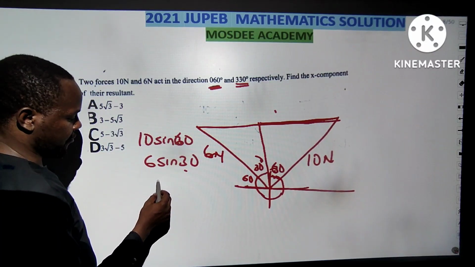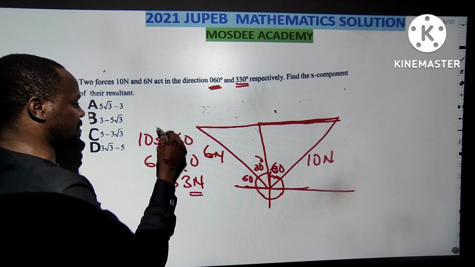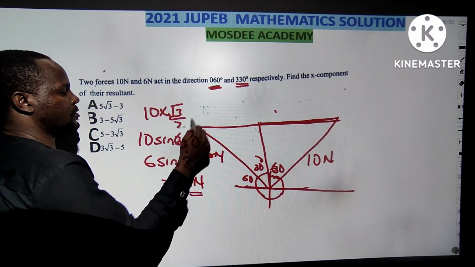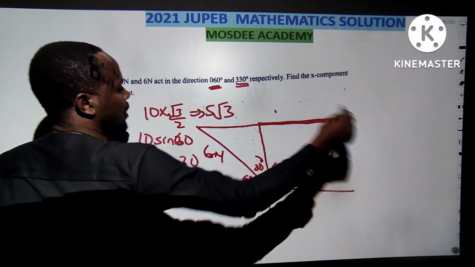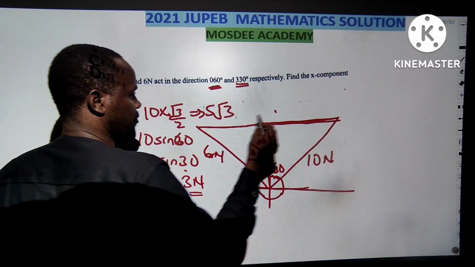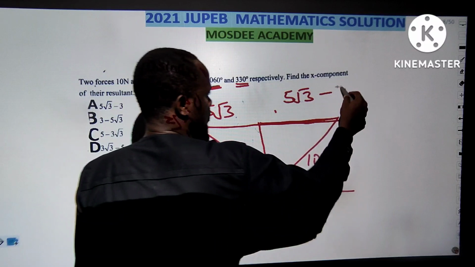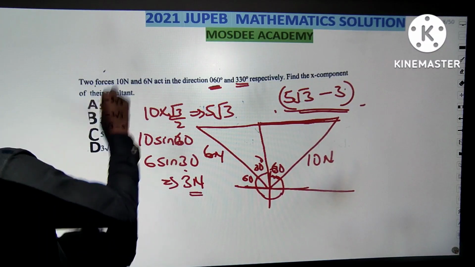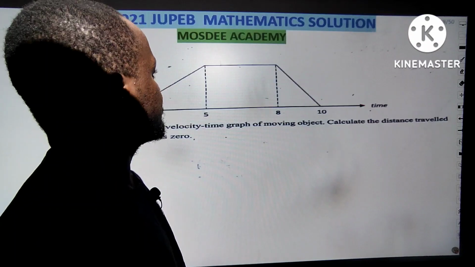So sine 30 is half, 6 times that is 3 Newton. 10 times sine 60 is 10 times root 3 over 2, that's 5 root 3. So the two forces are acting in opposite directions. It will be 5 root 3 minus the other one, minus 3. So something like this is what you are looking for. Option A. Thank you very much.